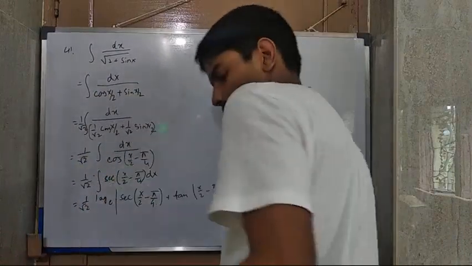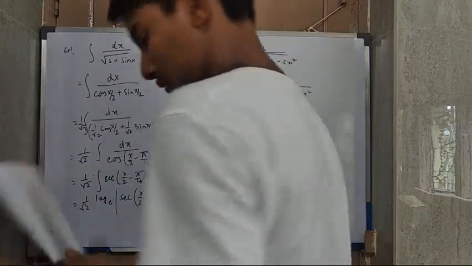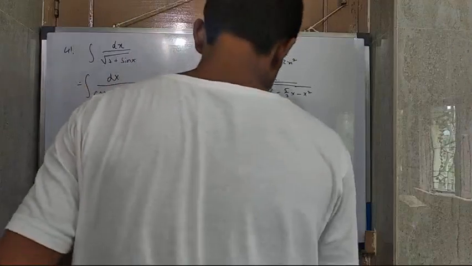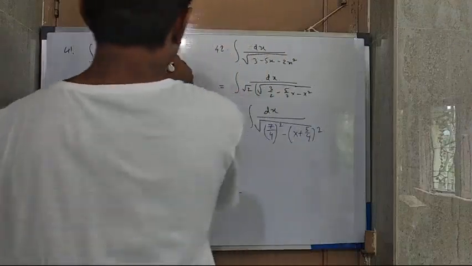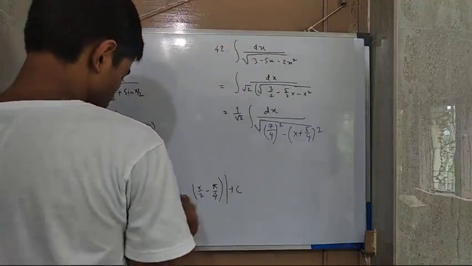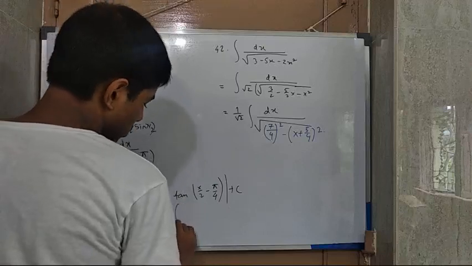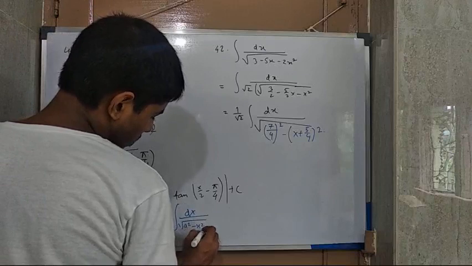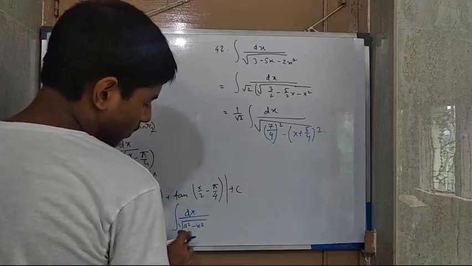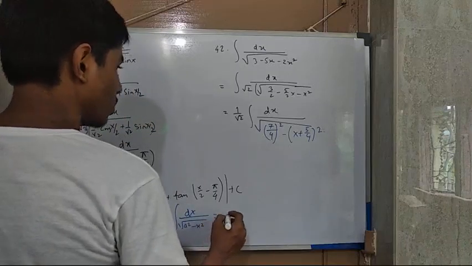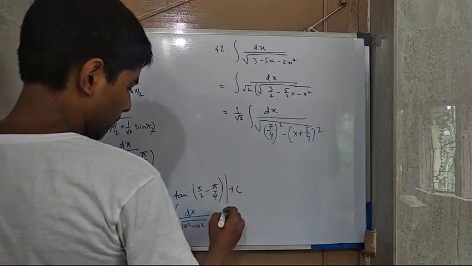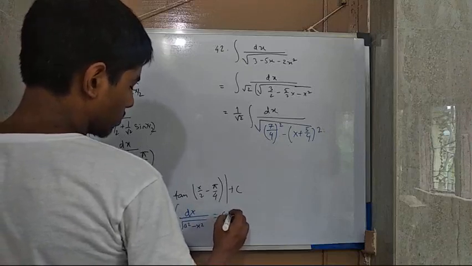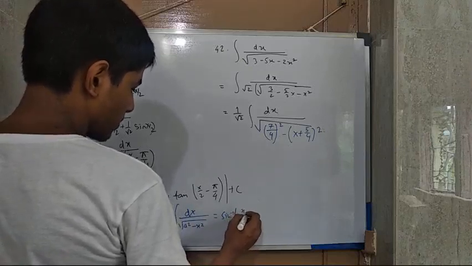So this becomes the standard formula, which is dx by root under a squared minus x squared. This is actually the formula of sine inverse x by a.